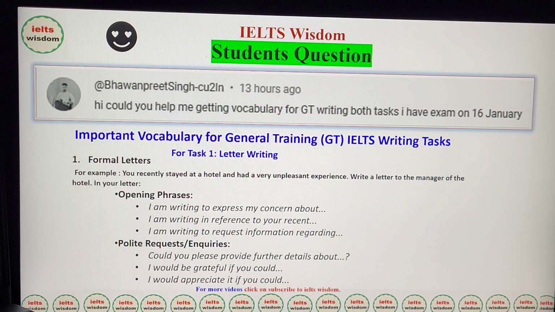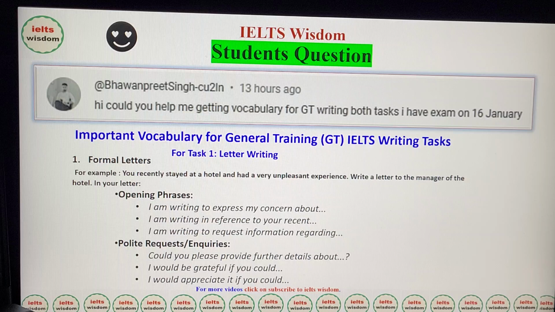For the opening phrase, you should always start like this: I am writing to express my concern about my stay at your hotel, as I had a very unpleasant experience. In the same way: I am writing in reference to my recent stay at your hotel, where I had a very unpleasant experience.